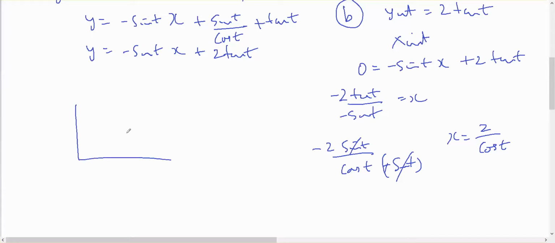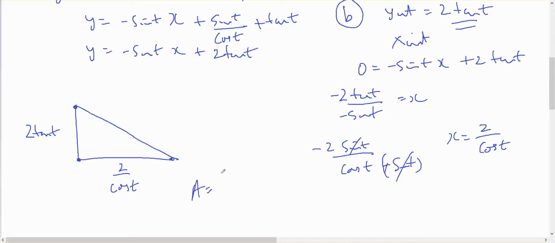If I'm looking for the triangle that goes from the y-intercept to there, then that height will be the y-intercept, which is 2 tan t. The x-intercept is 2 on cos t, so that will be the base.